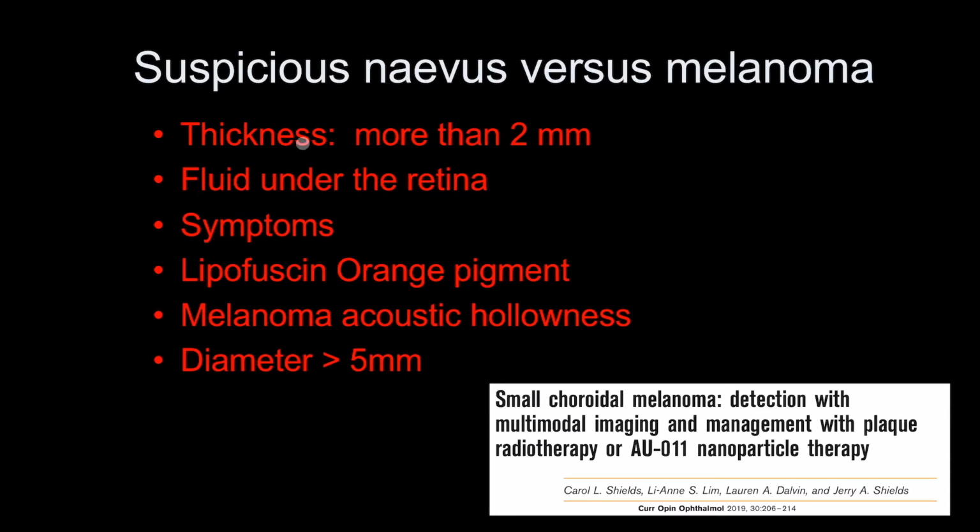So thickness of the mole more than 2 millimeters on an ultrasound, if there's fluid under the retina, if there are symptoms such as flashing lights or part of the vision is missing, if lipofuscin, orange pigment develops on the surface, if there is hollowness on the ultrasound signal, and then if the diameter is more than 5 millimeters, either when we look in the eye or on photography.